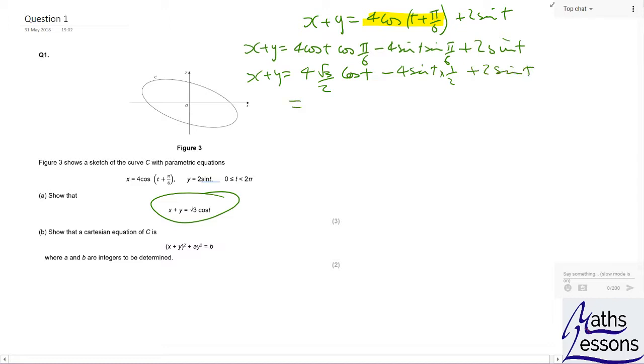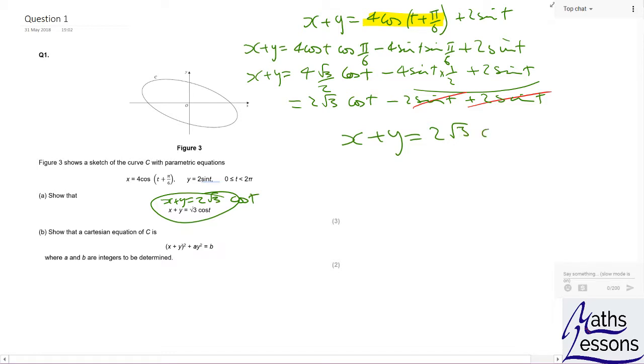And I know I've not made a mistake because actually all of this is coming out nicely, and I get 2 root 3 cos t minus 2 sine t plus 2 sine t, and those two are going to cancel. Okay, so actually, sorry about that, this should have said x plus y equals 2 root 3 cos t. Show that, and that is what x plus y equals, 2 root 3 cos t.